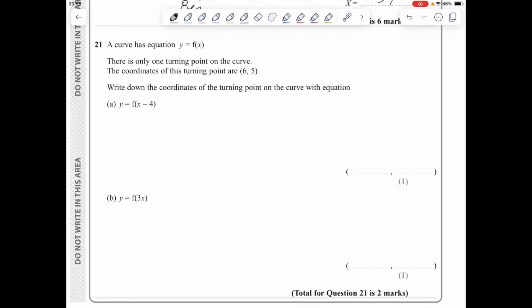Question 21, it's quite straightforward and easy, given that it's 2 questions before the end. We've got 2 transformations and we need to find the image under those 2 transformations of the point (6,5). Now the first transformation is f of x minus 4, and this is a translation by 4 units to the right.